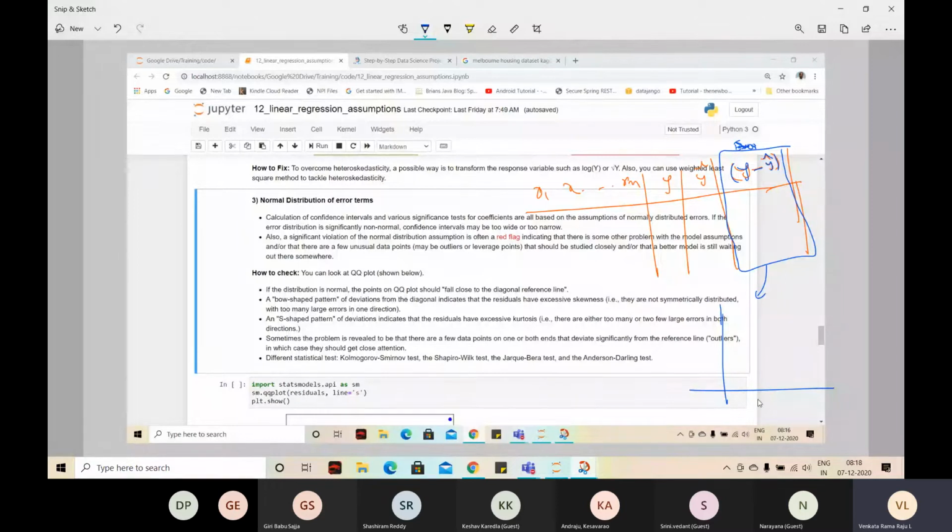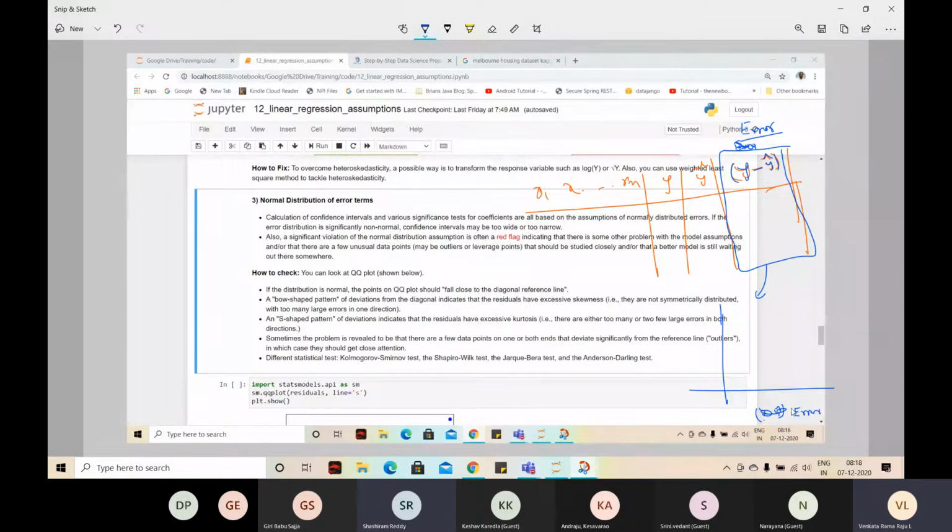So if I do a histogram, what is on the x-axis? Y minus y cap, the error. Sorry, error.